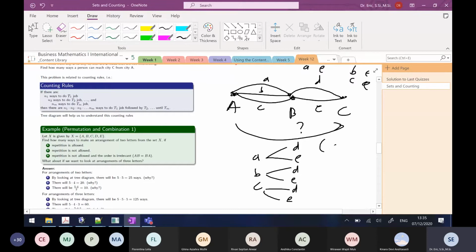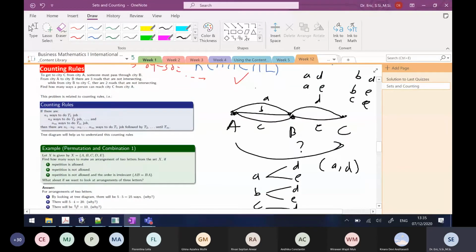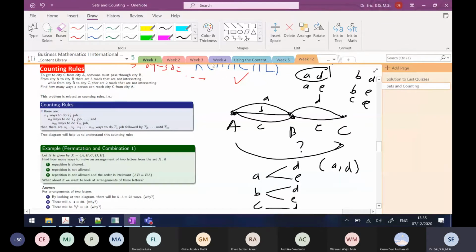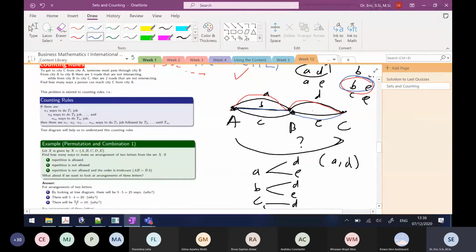So you have this one is A, D. What does AD mean? I have chosen this one and this one. What does BE mean? BE means B and then E. Okay, and so on.